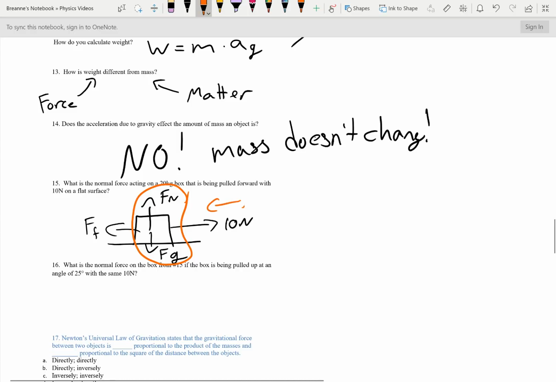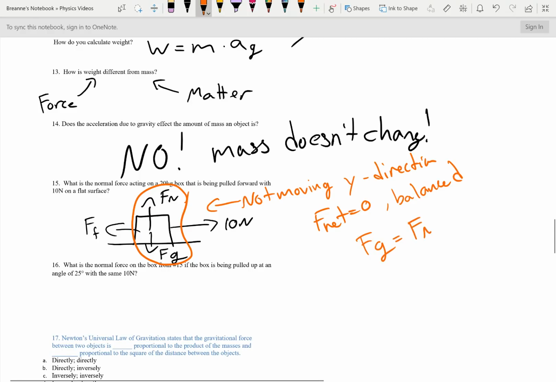It's not moving in the y direction, so therefore net force equals 0. They're balanced. So force of gravity will equal your force of normal.